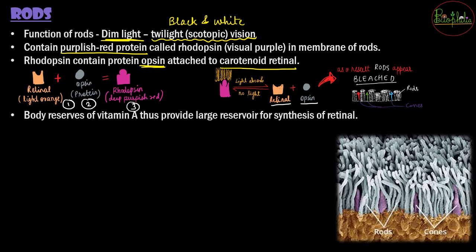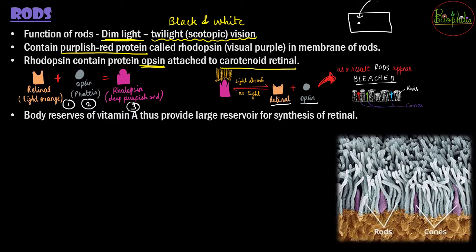When the rods are going to appear bleached, that means there is going to be formation of black and white image. So जहाँ जहाँ पे भी light rays fall होंगी, for example, you are having this kind of retina जहाँ पे बहुत सारे rods है and cones है. So during night vision, what will happen when the light rays are less in quantity? There is going to be light rays falling. जैसे ही light rays यहाँ पे fall करेंगी, there is going to be bleaching action of these rods. और जैसे ही bleaching action होगा, bleach डालने पे क्या होता है, चीजें सफेद हो जाती है.